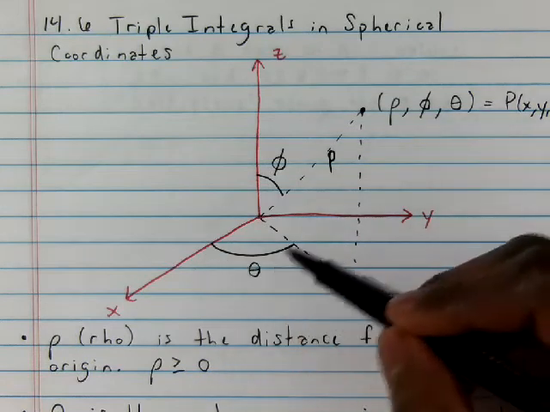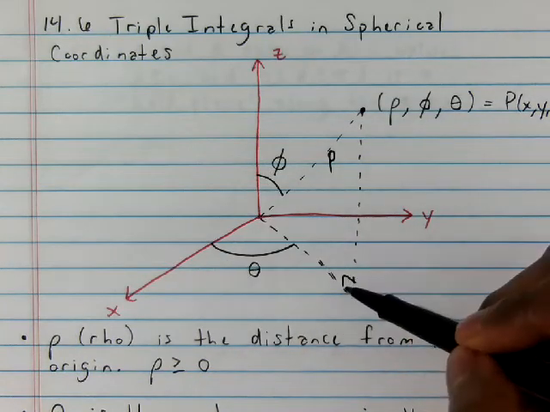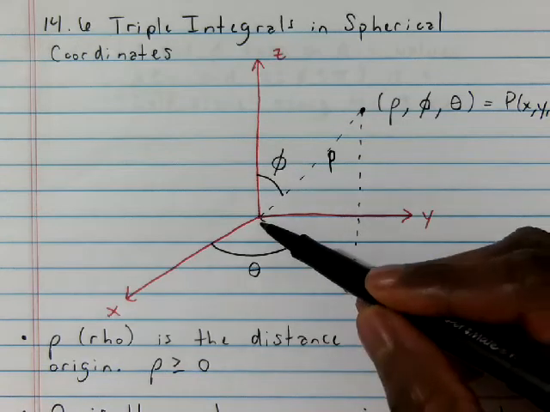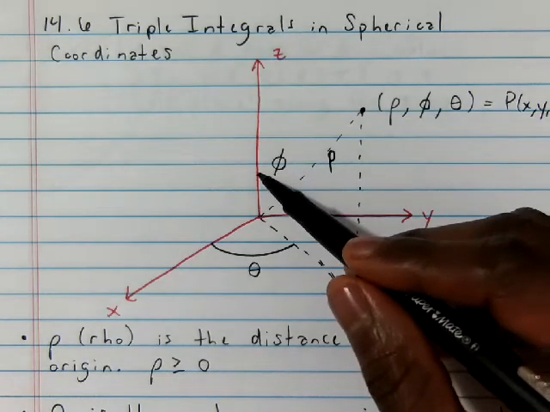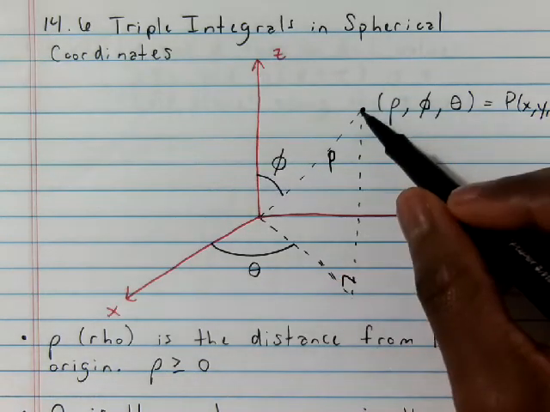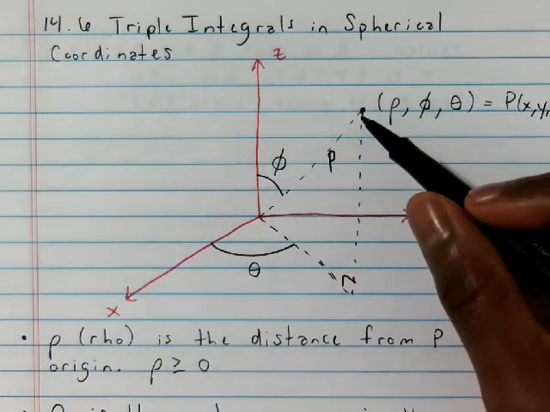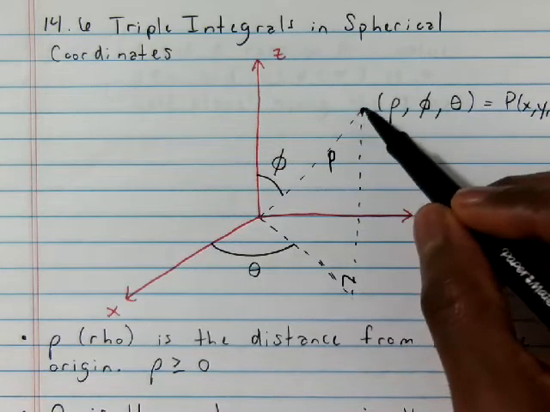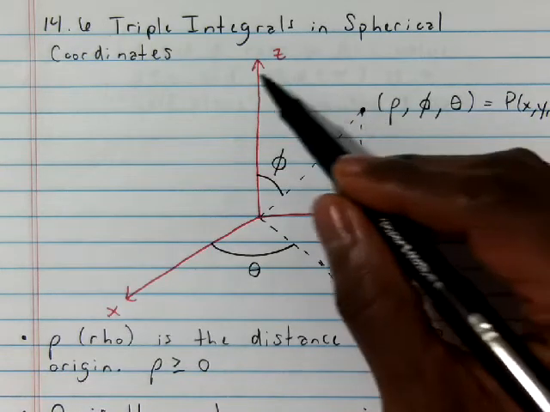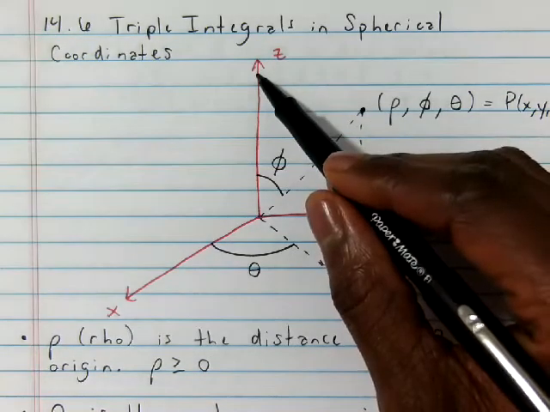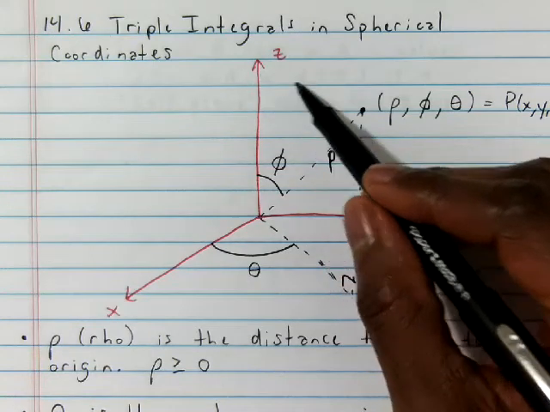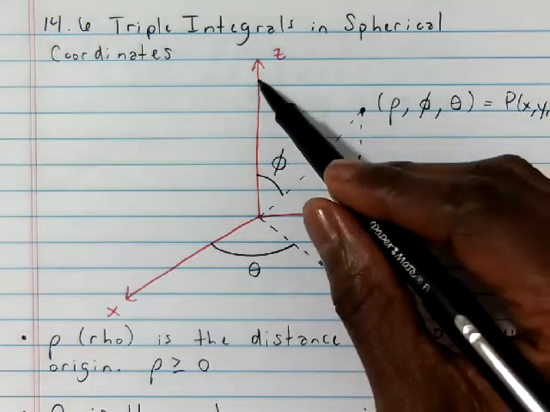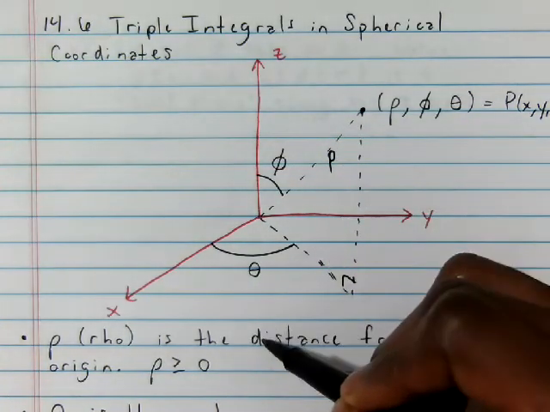Phi takes on all values, and for now we'll keep rho where it is as well. What phi will do is trace out a semicircle going from the positive z-axis down to the negative z-axis.